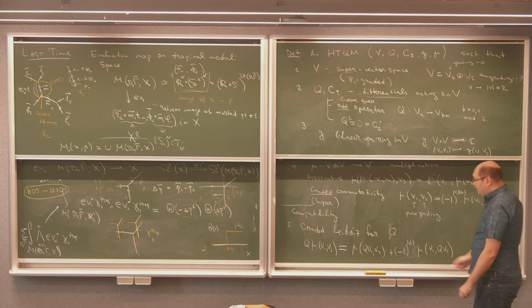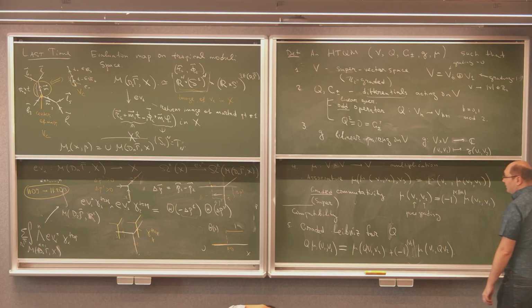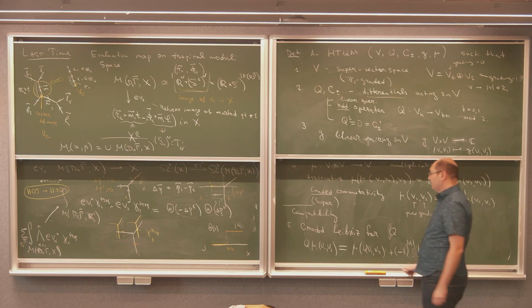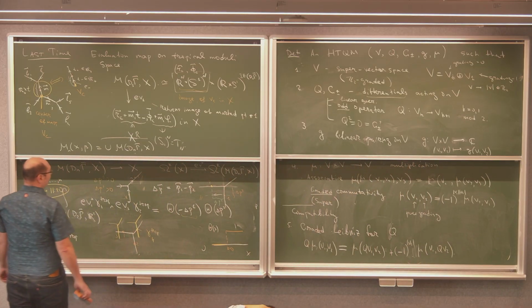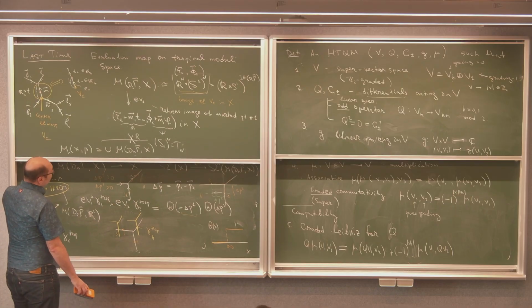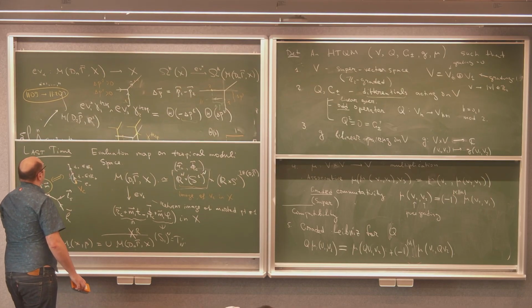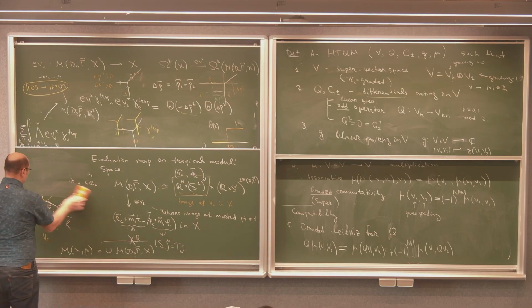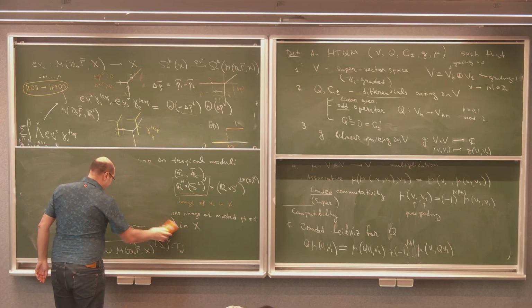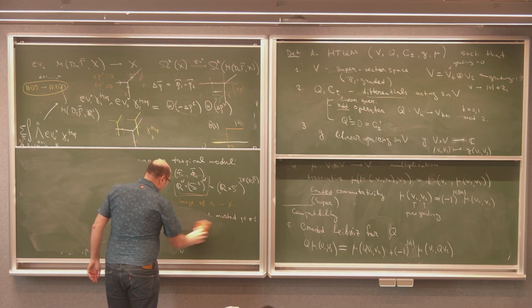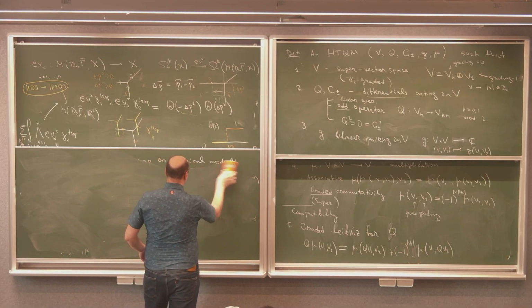So this graded Leibniz is the very same graded Leibniz that we had for differential forms. Okay, so it's this property.